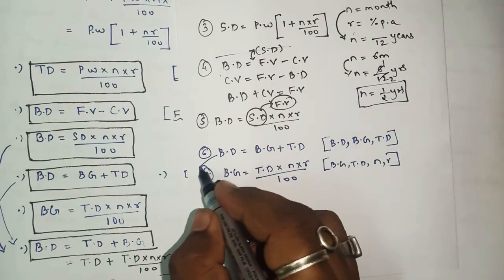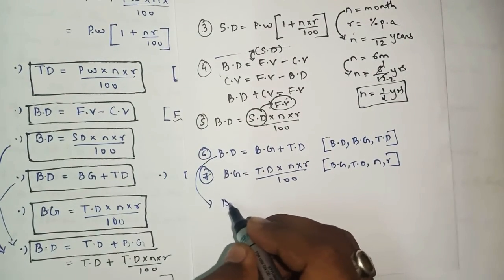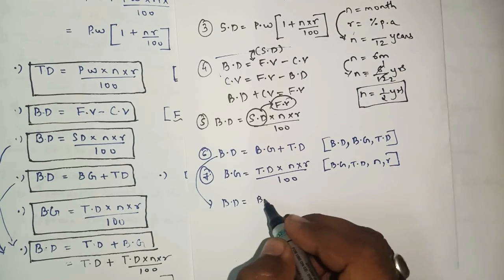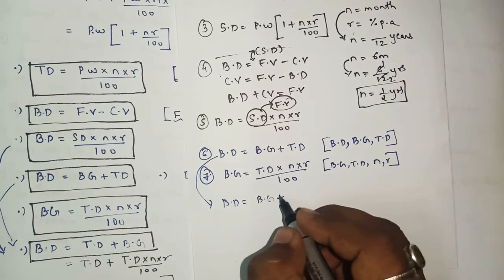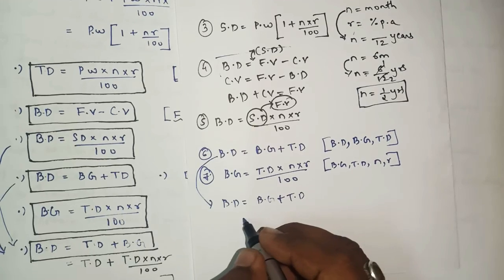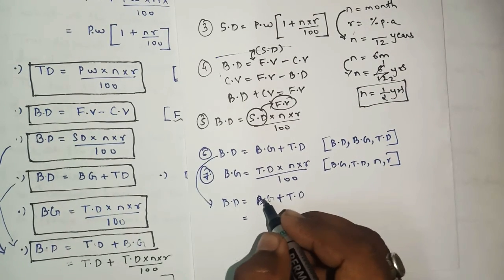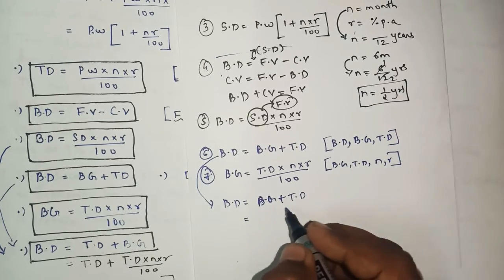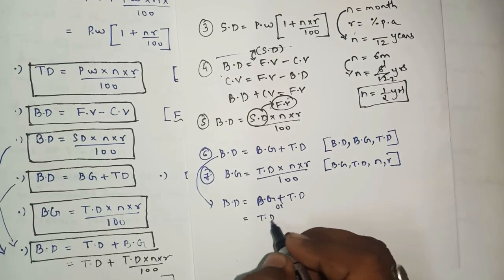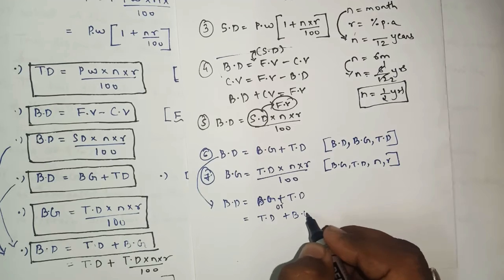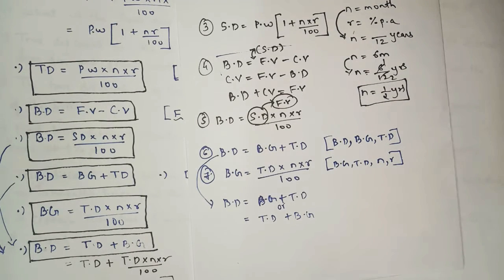Now listen here, as we know that BD equals BG plus TD, or else we can write this as TD plus BG. It is one and the same. Yes or no? One and the same.